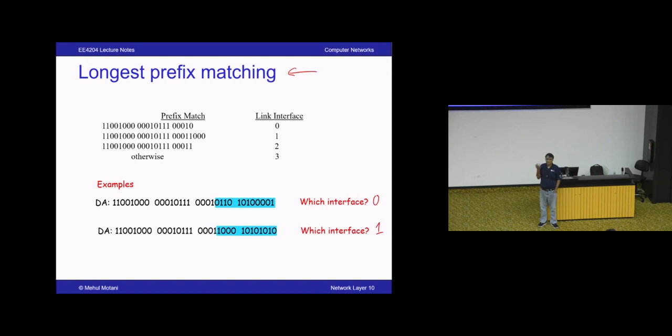And sorting takes n log n, right? Search is roughly log n. So it increases as the size of your forwarding table increases. So that complexity is too much for routers to be able to do very, very fast routing. So here, the forwarding tables can be much, much smaller.